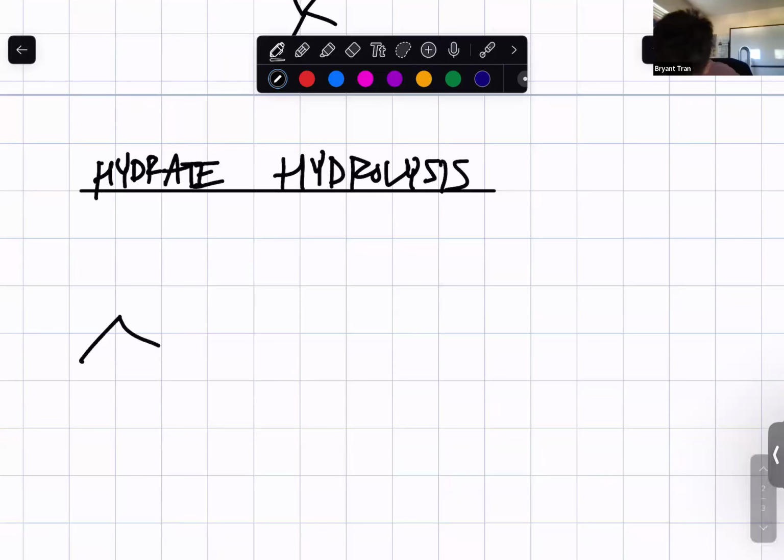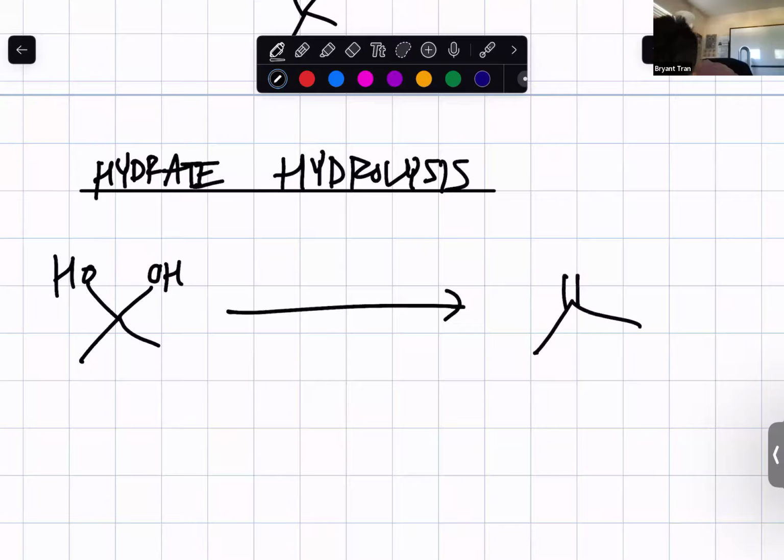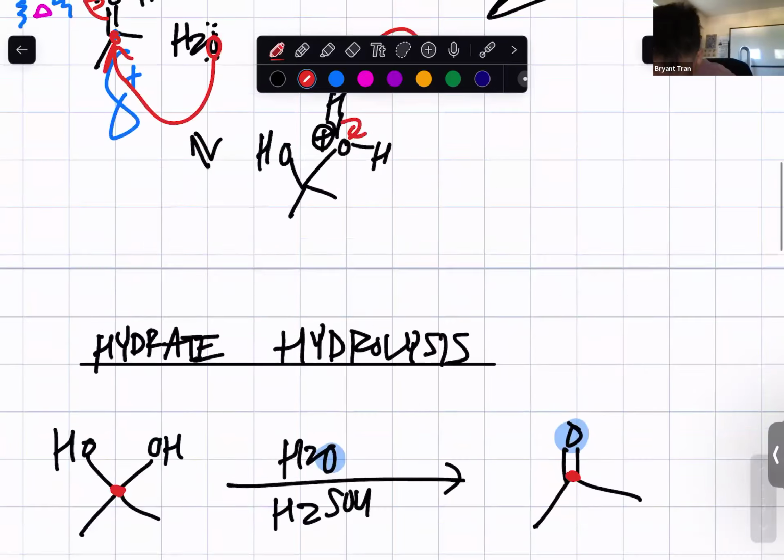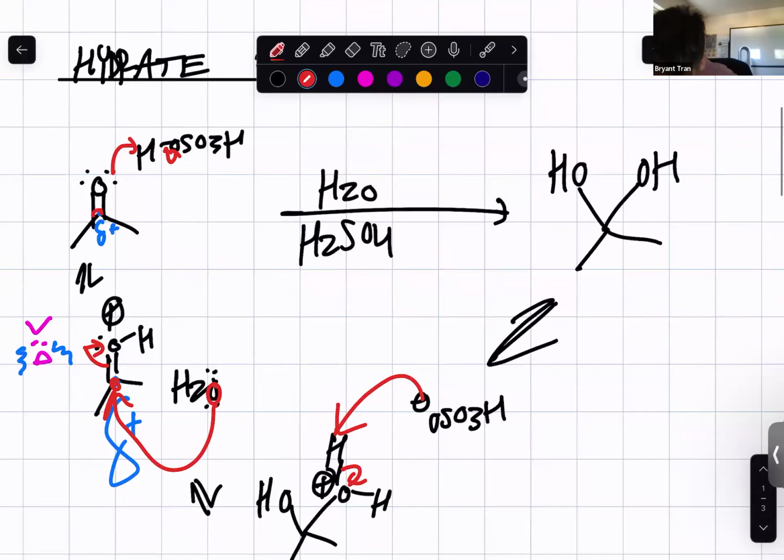So what I mean by that is, let's say you start off with this hydrate, and you want to go back into this carbonyl right here. To do that, you would use water in acidic conditions. And if I were to highlight this oxygen of the water right there, that would be the oxygen of this carbonyl right here. To predict the product quickly here, this carbon of the hydrate will be that carbon of the carbonyl, just like how before, this carbon of the carbonyl is that carbon of the hydrate right there.